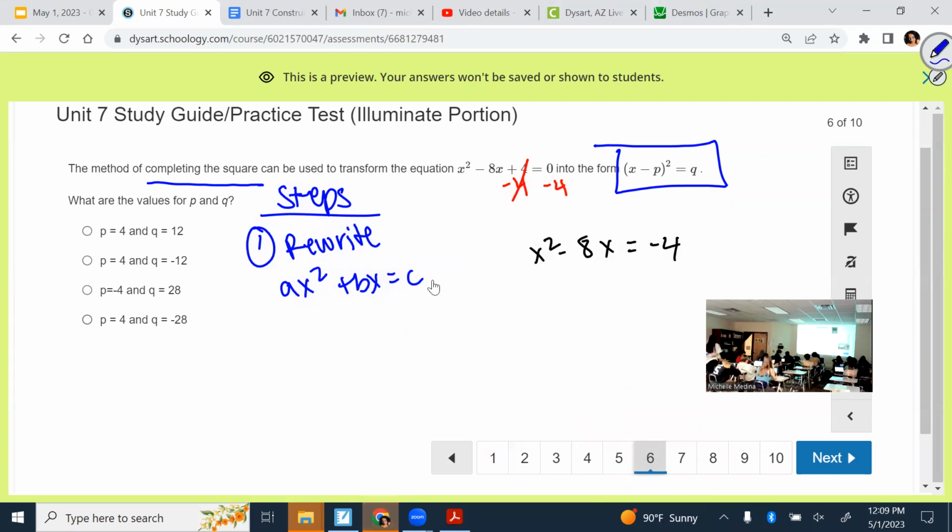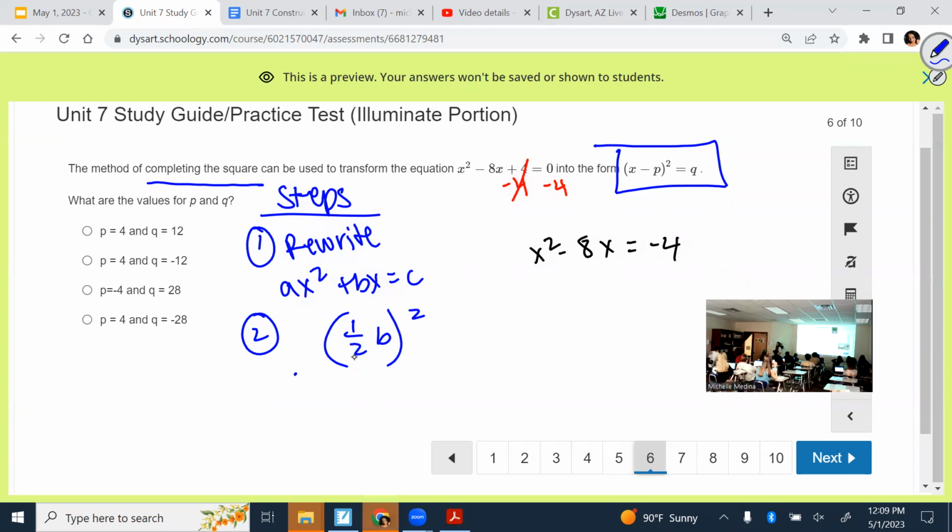Step 2, what do we do? Half of B. And then what do you do with it? Square it, and then what do you do with it?